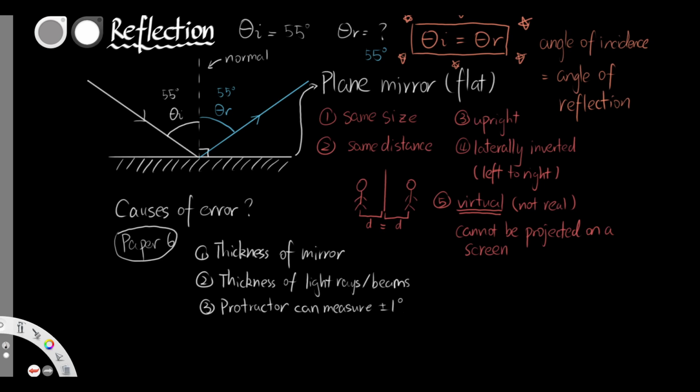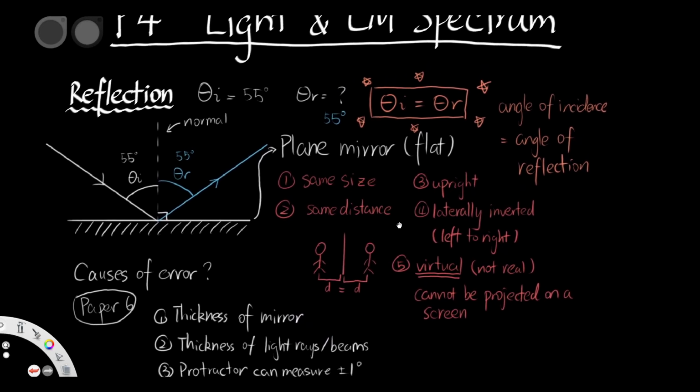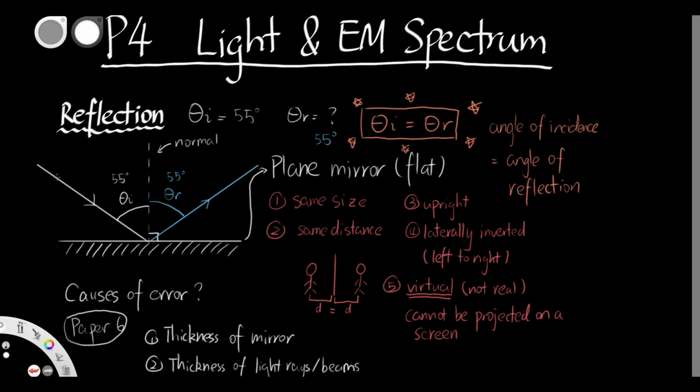So that can also be a cause of error. You might get 28 or 29, but you can't quite tell if it's 28.45 or 28.65. Anyway, here are some of the most common causes of error for this ray box reflection experiment.